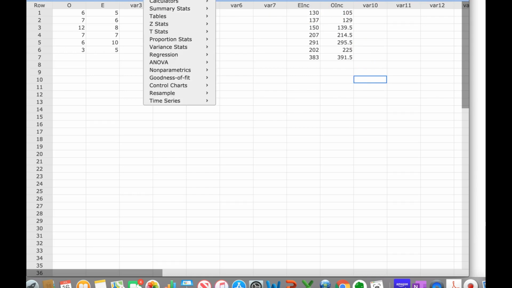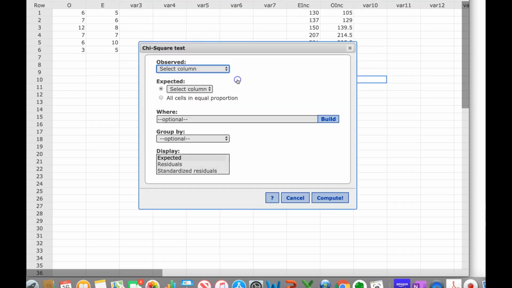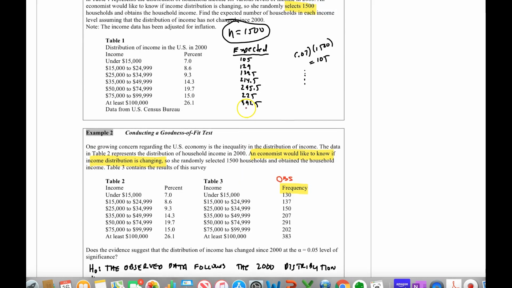And so when you go Stat, goodness of fit, chi-squared again, the observed is in observed income, and then the expected is in the expected income. I have them backwards. Just make sure you know which one's observed and which one's expected. Let's double check.